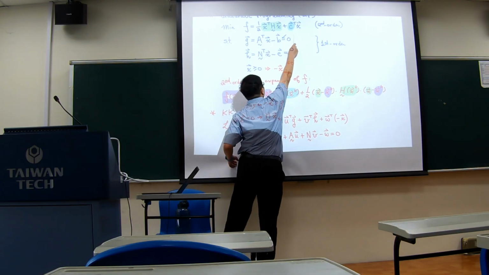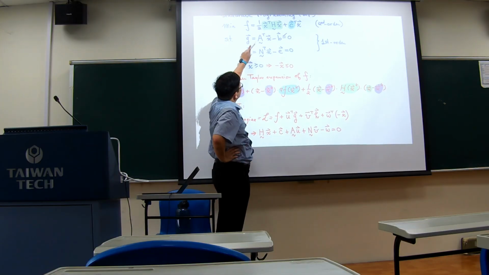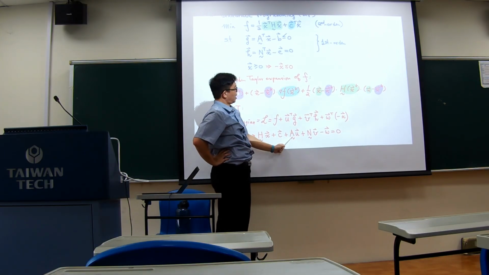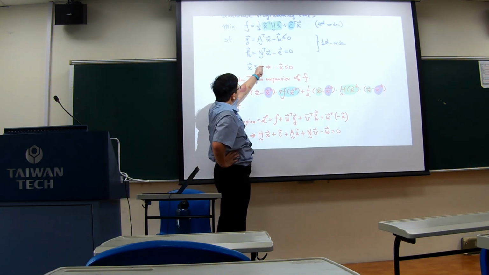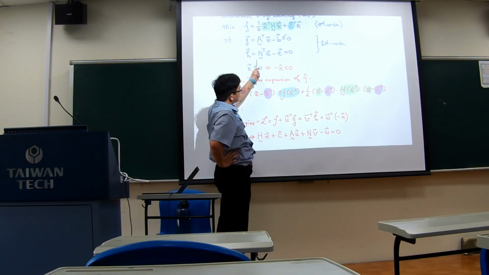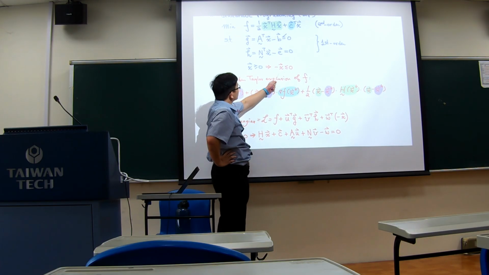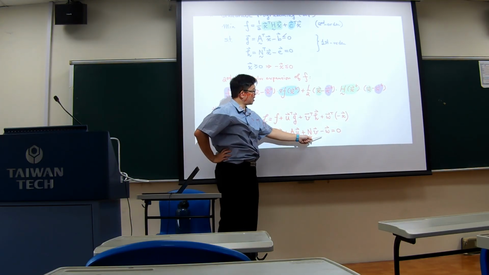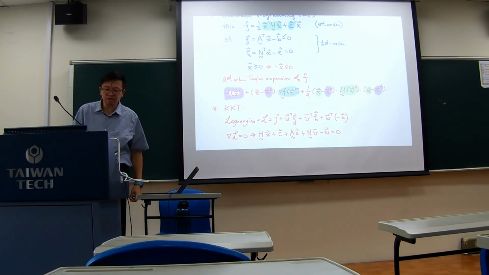Cx ends up with c only because of the derivative. G derivative ends up with A and then the Lagrangian multiplier. Derivative of H ends up with N and the multiplier v. This is only negative x, so it ends up with negative 1, so negative w. Okay, so that's the first equation of KKT.